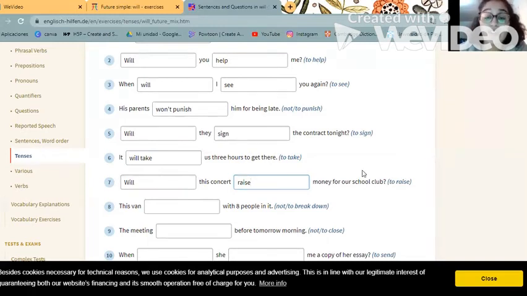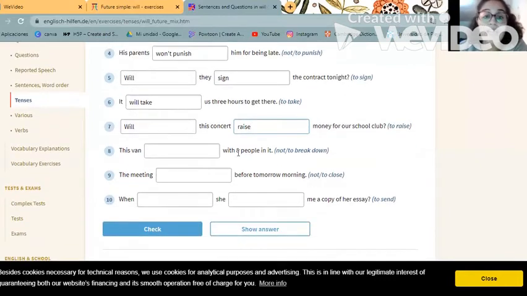Will this concert raise money for our school club? This van won't break down with 8 people in it. The meeting won't close before tomorrow night. When will she send me a copy for her essay?